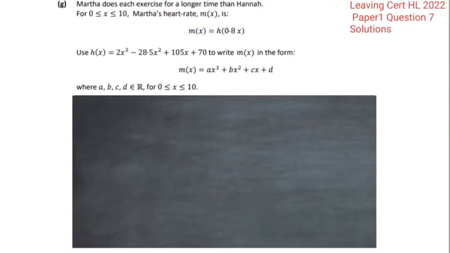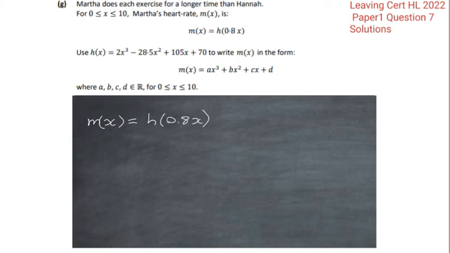And finally, we have Marta's function. It's a composite function here, so you can see that 0.8 of x is inside the function. So that means that wherever we have x, we will replace it by 0.8 of x. Apply this in the function. So let's see how we're going to write this out. So m of x is equal to h of 0.8 of x.